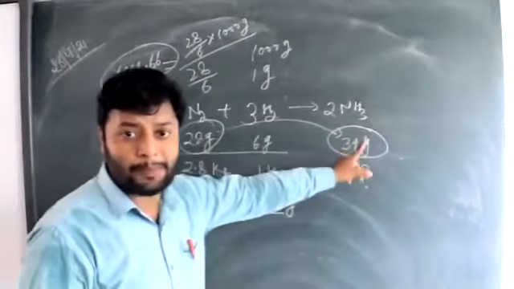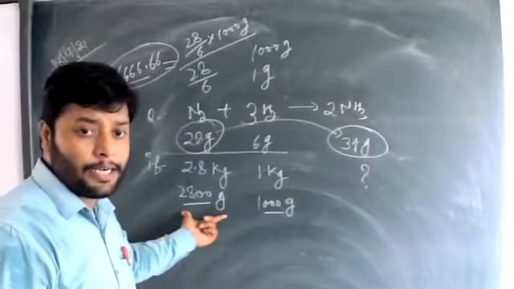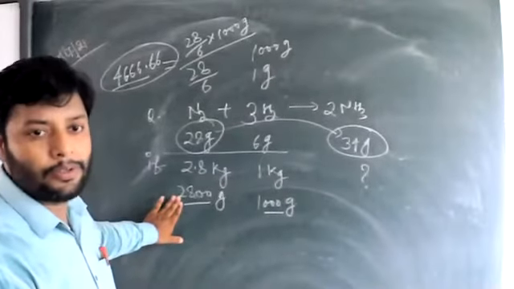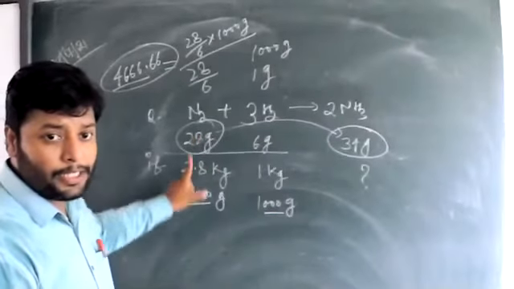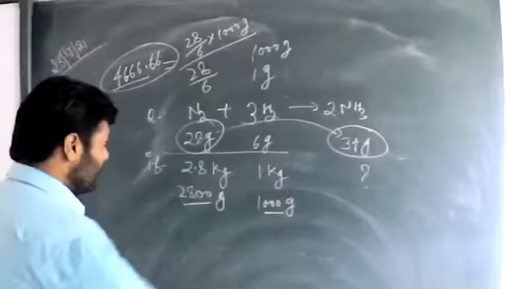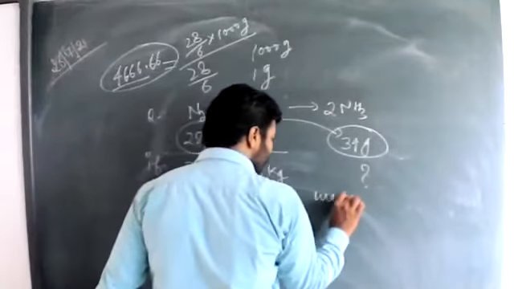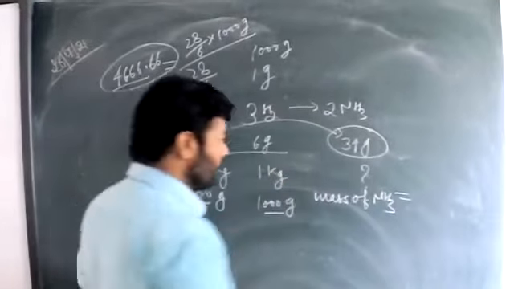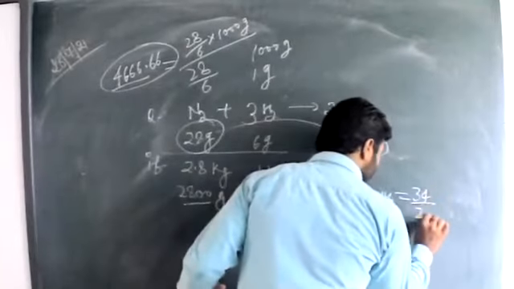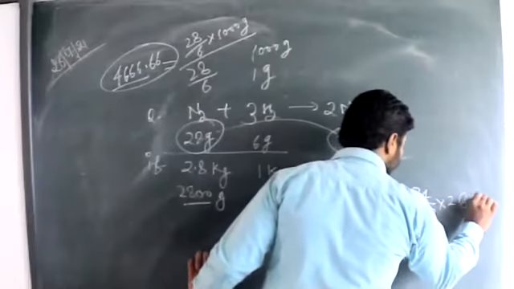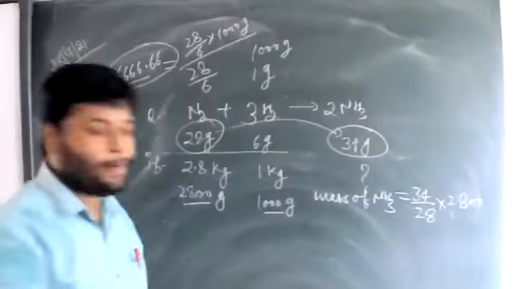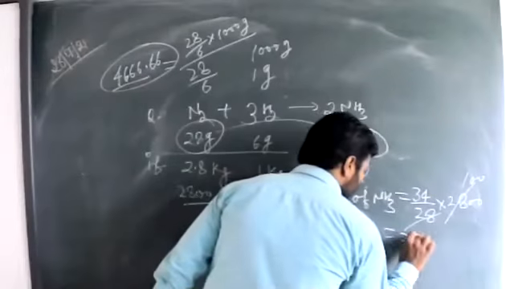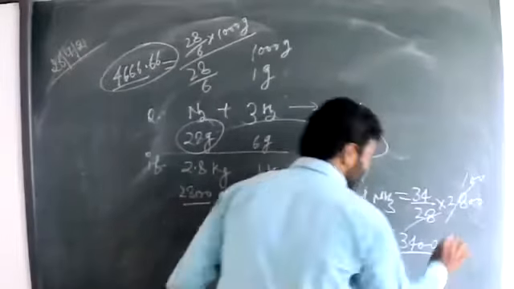So 2,800 gram nitrogen will produce, easily calculated now, the mass of ammonia: 34 upon 28 into 2,800. The value will be 3,400 gram.